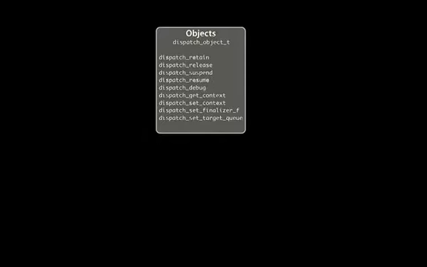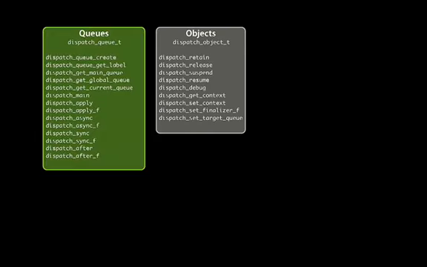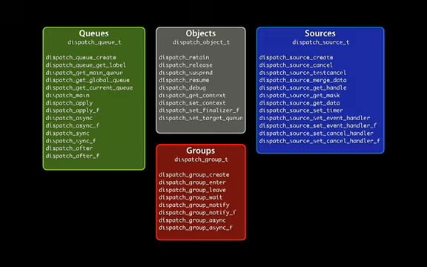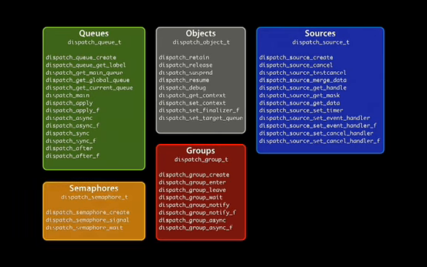We have a basic object-oriented architecture. So here are some common routines shared among dispatch objects. We have queues. We have sources for monitoring external events. We have groups for tracking sets of blocks. And we have semaphores for more intricate synchronization problems. And finally, we have some basic non-object types.